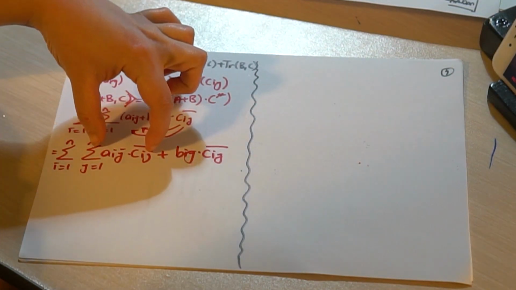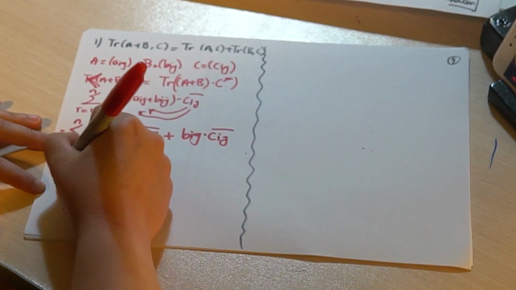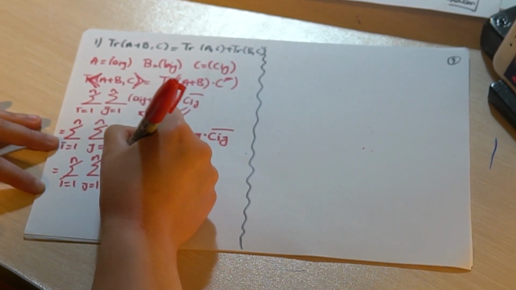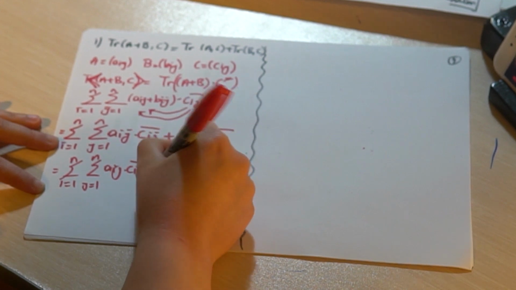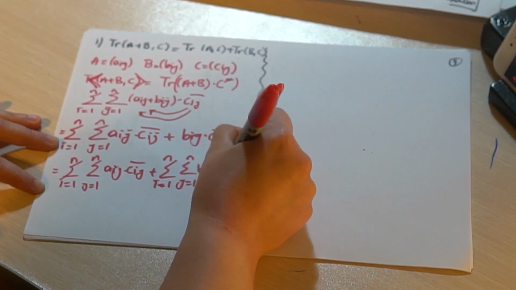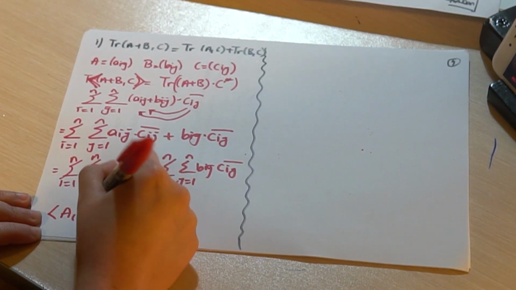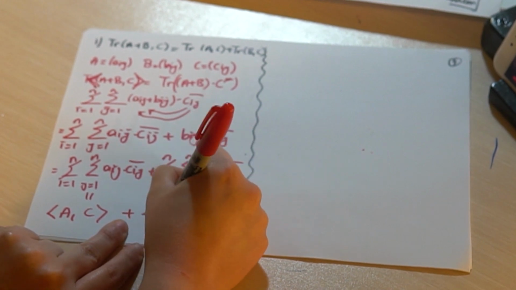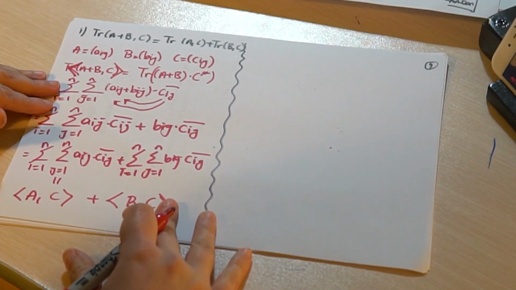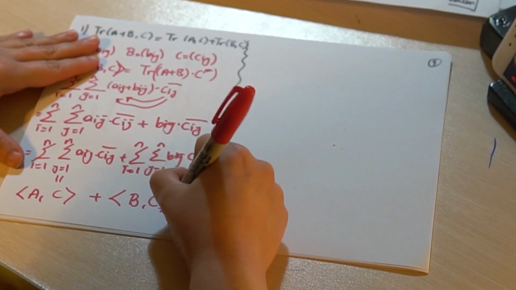Since these sums do not depend on each other, I can divide this into two sums: the sum of Aij times Cij conjugate plus the sum of Bij times Cij conjugate, and this is equal to the product of A and C plus the product of B and C. So the first property is okay.